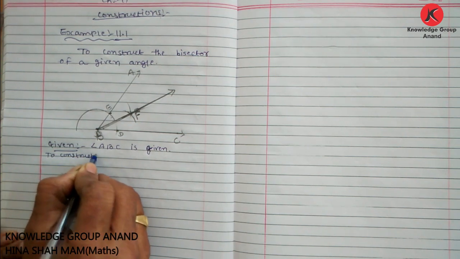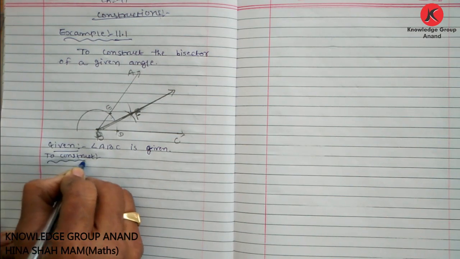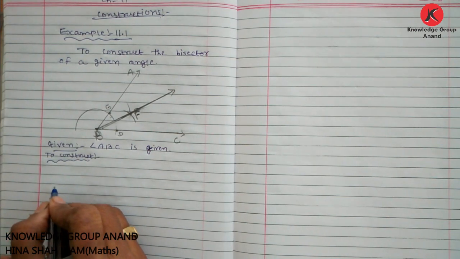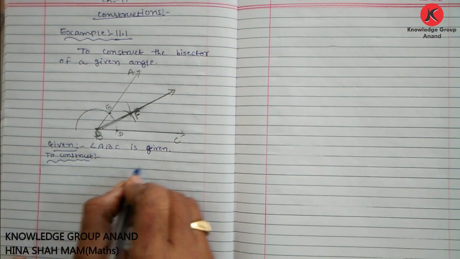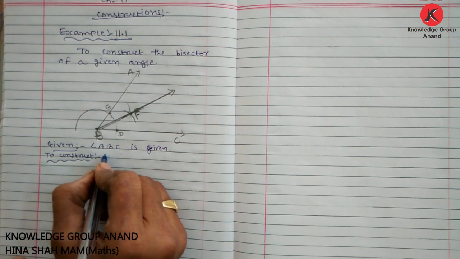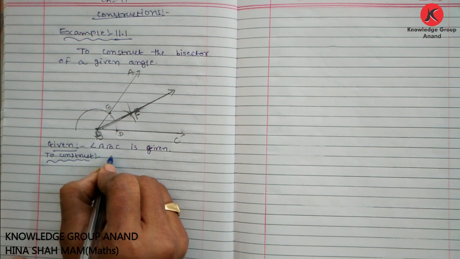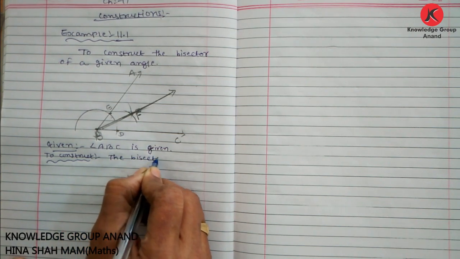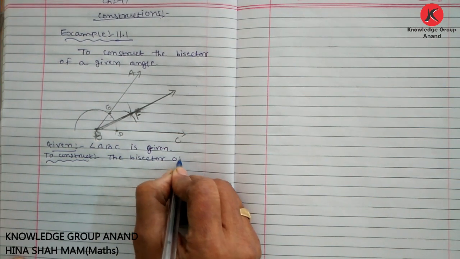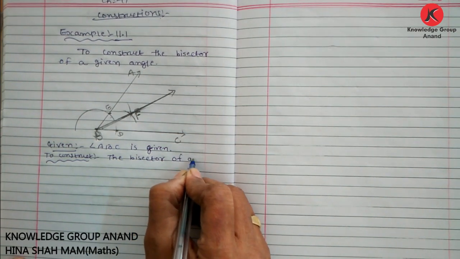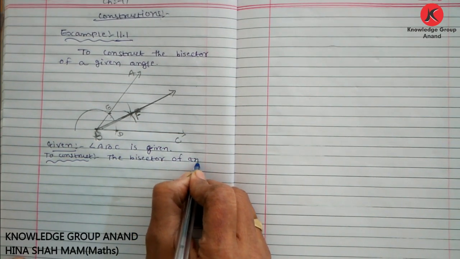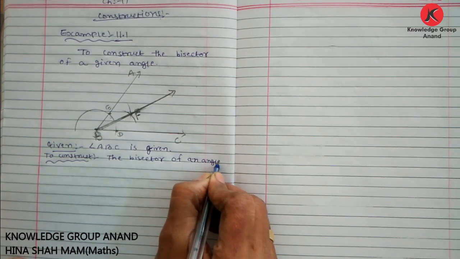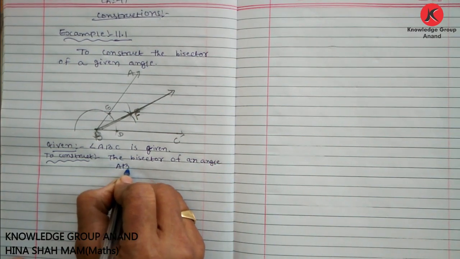In a theorem we write 'to prove'. In this construction we write given part and to construct: the bisector of angle ABC.